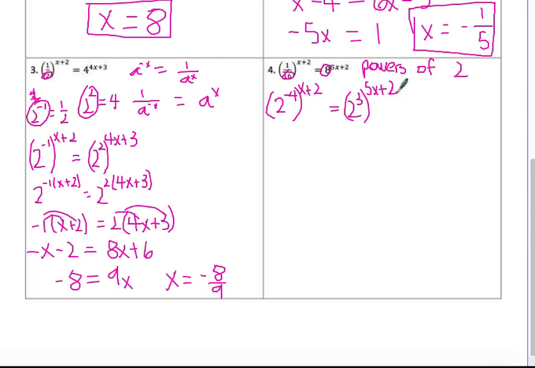And then here's my equation. So again, using our exponent multiplication property, and this would be 2 to the 3 times 5x plus 2.